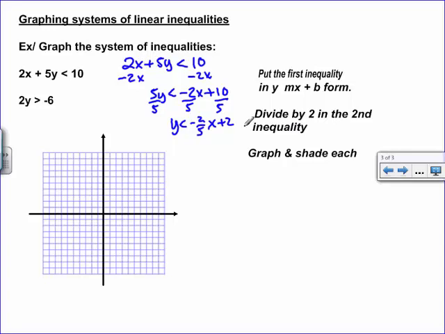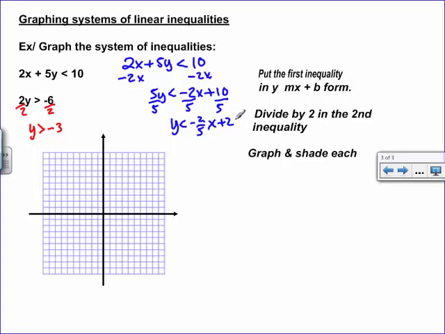That's one equation we'll graph. Let's go ahead and put this one in form. So one step will get y by itself. So you simply have y is greater than -3.